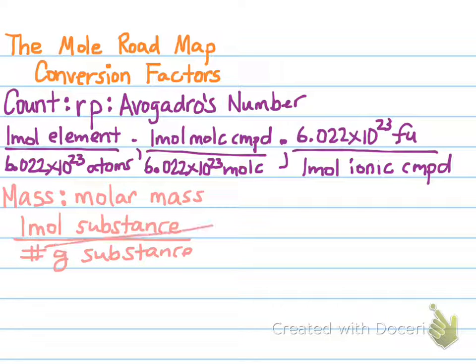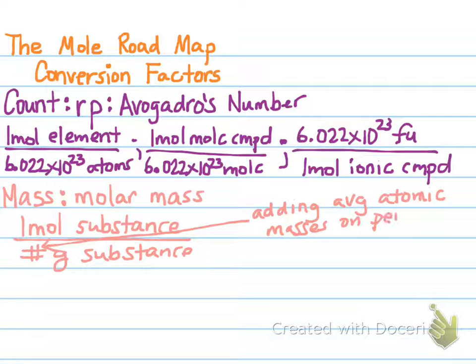And remember, this number comes from adding our average atomic masses on our periodic table. And again, remember, the power of all of these is I can flip them depending upon how I need them to be.